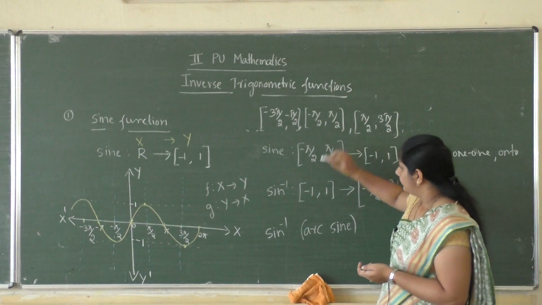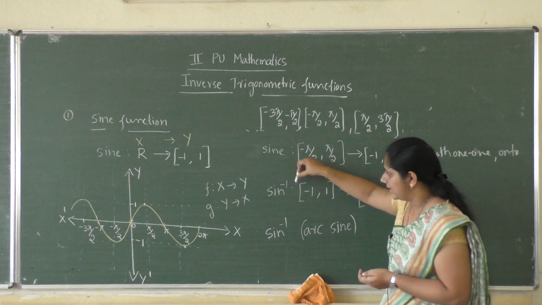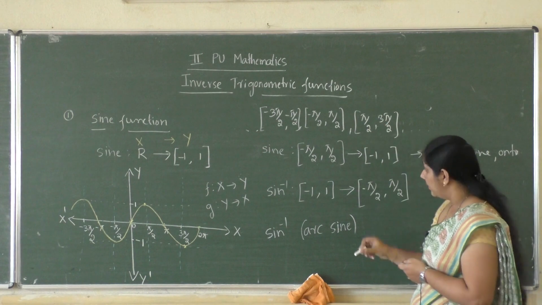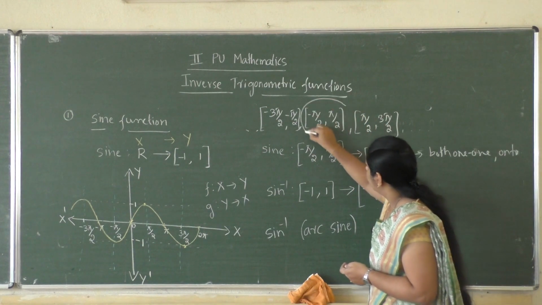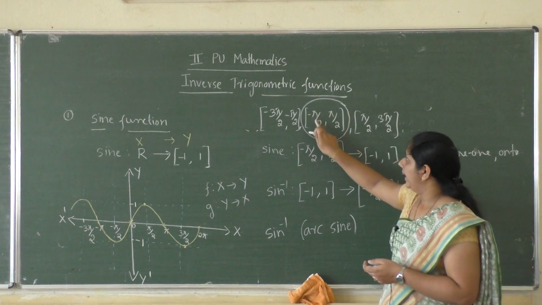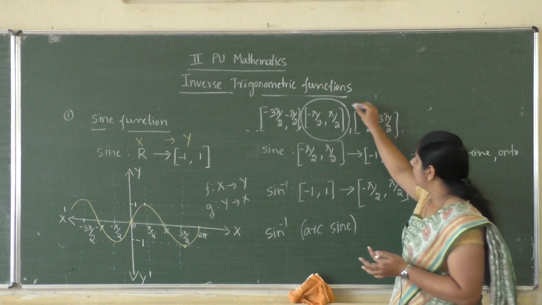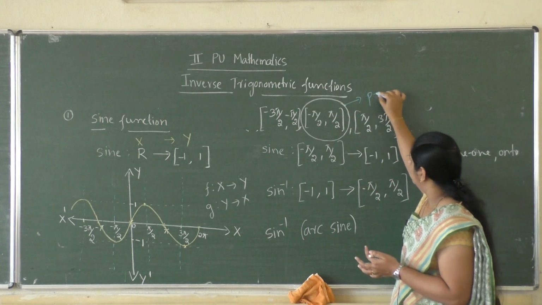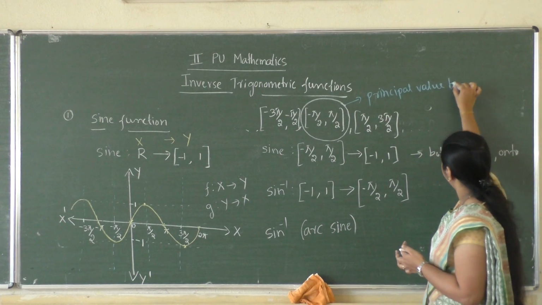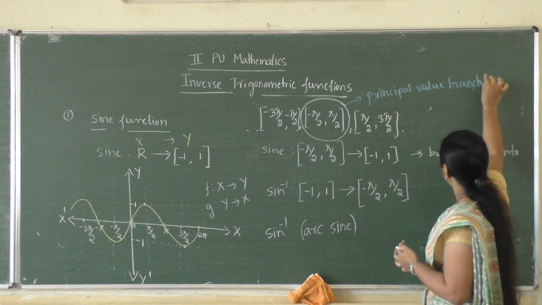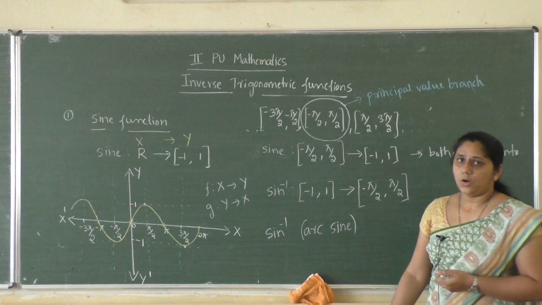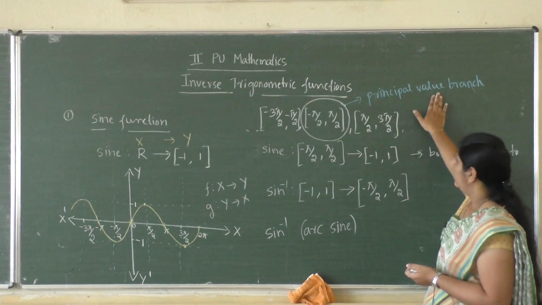For the existence of the inverse sine function, the range could be any of these intervals, but the branch with the range closed interval minus pi by 2 to pi by 2 is called the principal value branch.